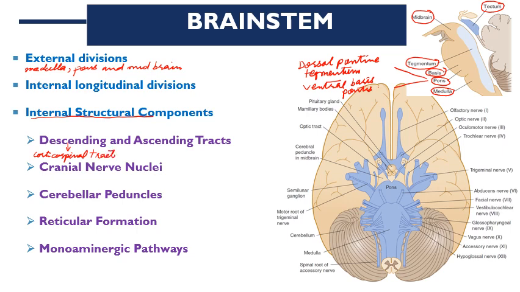Similarly, all ascending tracts, for example, the two most important ones are the spinothalamic and dorsal column tracts, that reach the brainstem or the cerebral cortex pass through all parts of this region, that means the brainstem.